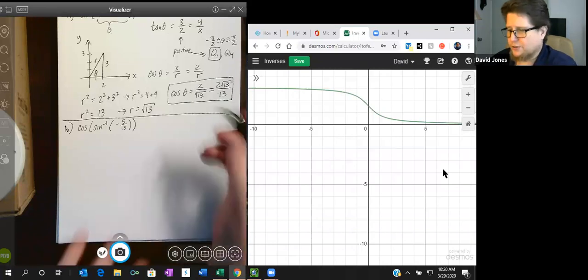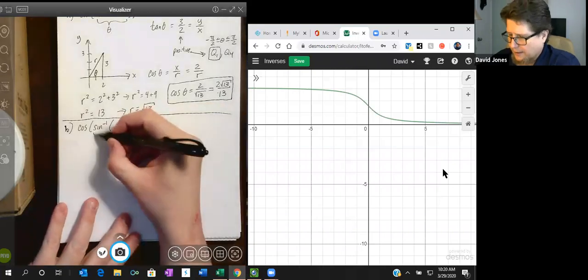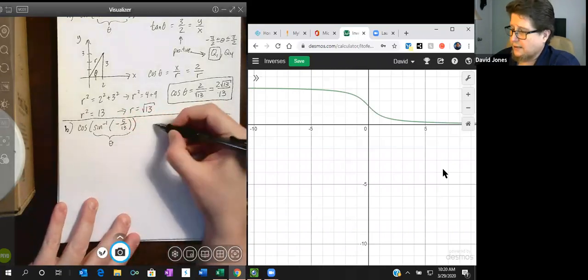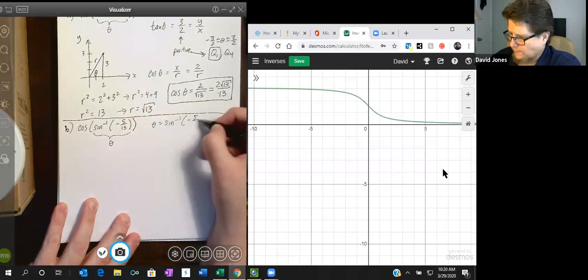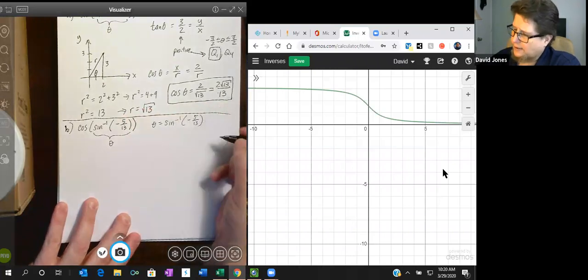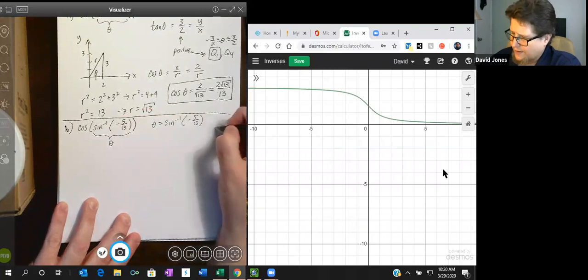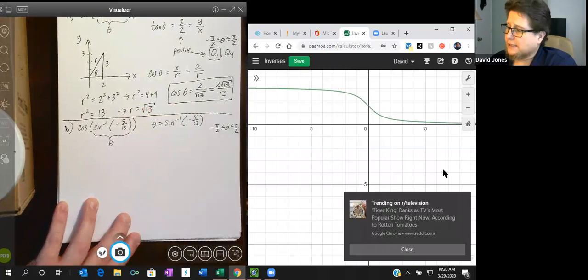All right, I'm going to assume you did. I'm going to label that theta. Here we've got negative pi over 2 is less than or equal to theta, which is less than or equal to pi over 2.